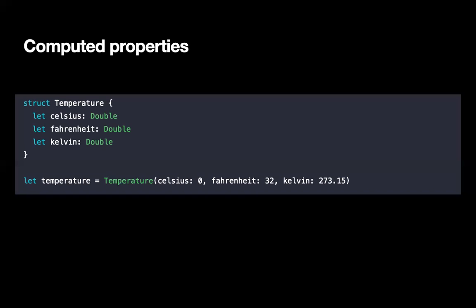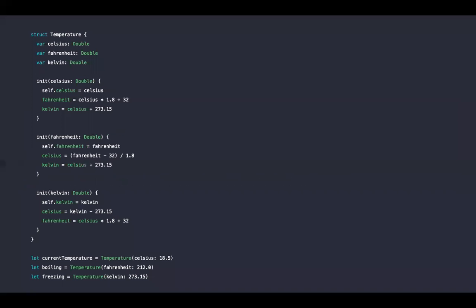You can see this on the slide. An alternative would be to add multiple initializers that handle the calculation. So we will try this by adding multiple initializers like this. Here we have added multiple initializers for Celsius, then for Fahrenheit, and then for Kelvin.